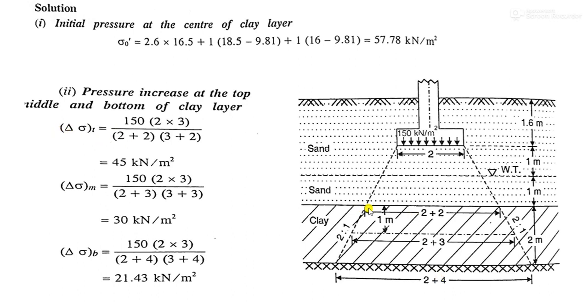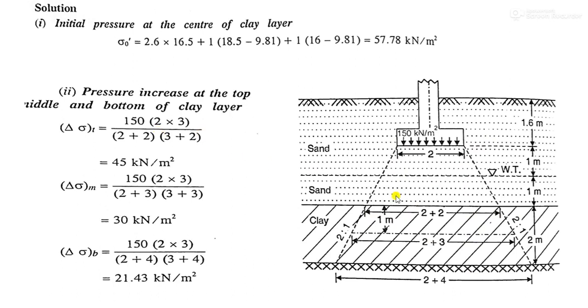At this layer, 2 plus 2 should be the horizontal distance. 2 is the width of the footing, and another 2 comes from this load distribution. If we draw a straight line from this point, the extended length should be 1 from the left side and 1 from the right side.